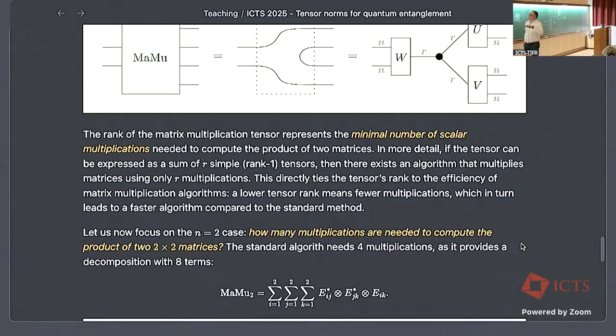Because every term in the sum, here it's the n equals 2 case, but it doesn't matter, is a linear form which gives you a coefficient of A, and a linear form which gives you a coefficient of B. You take the product of these two coefficients and you put the result into some position ik of C. So every term corresponds to doing one multiplication of numbers.